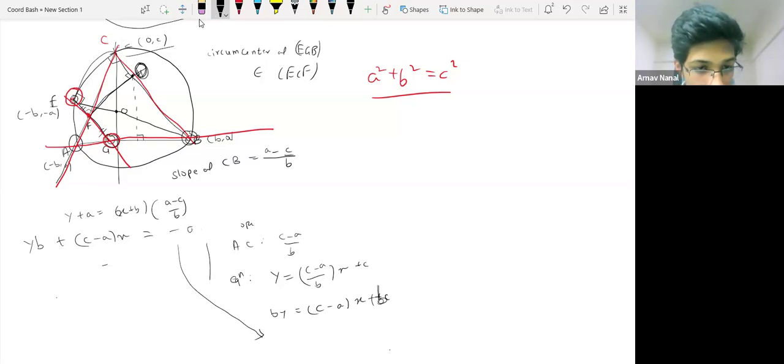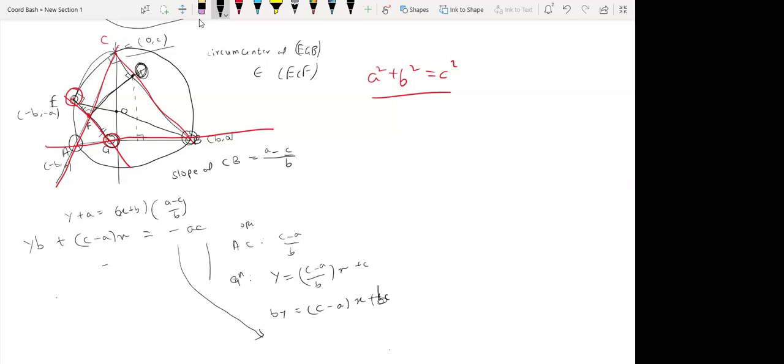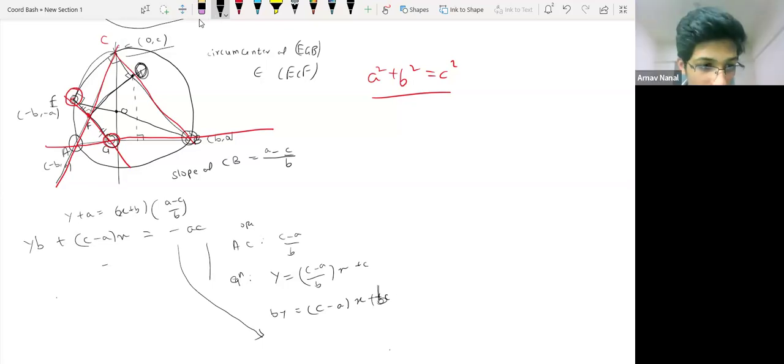I'm just simplifying this. AB gets cancelled, right, I did not see that. Minus AC, minus BC, my bad. Is it now correct? Yeah, it should be correct.